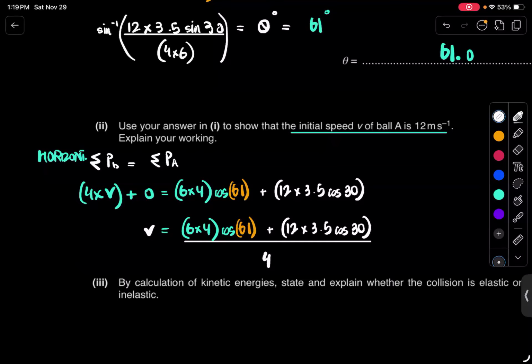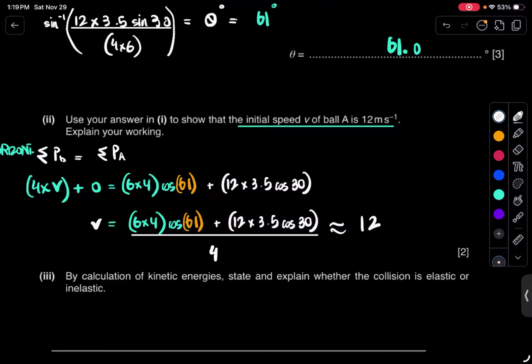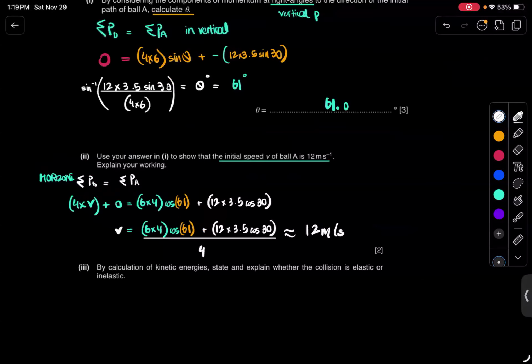Okay. Yep, I'm getting V as roughly 12 meters per second. Yes, makes sense?